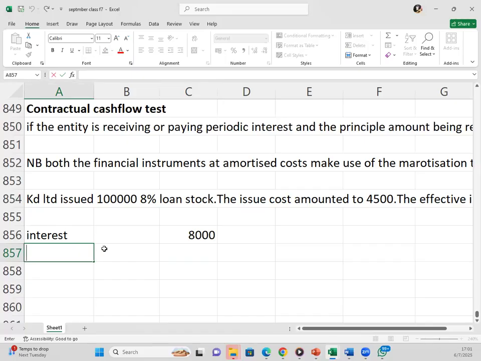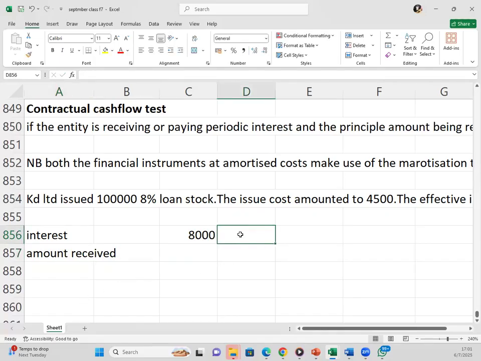Then, how much did we receive? If you are determining the interest, it is based on the coupon rate. The coupon rate applies to the amount of the loan, the 100,000.